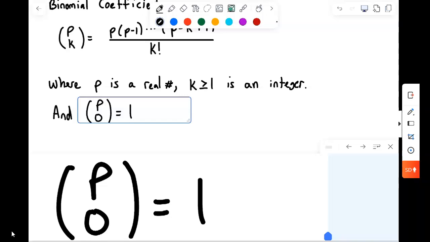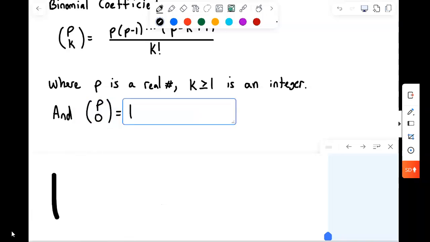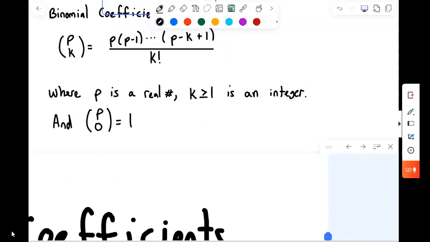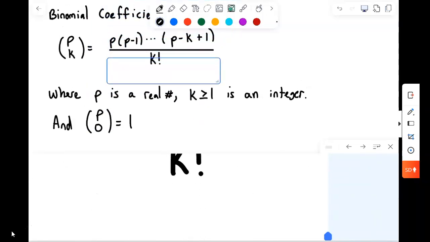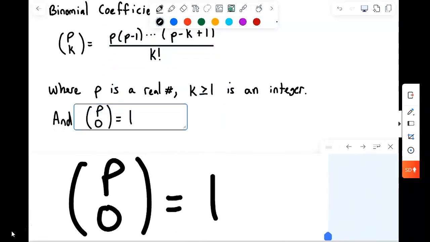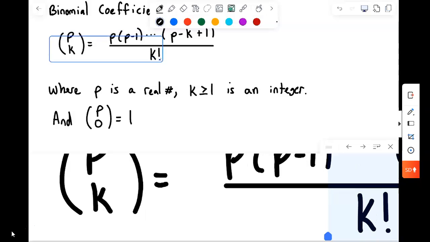Binomial coefficients selected 0 times is 1, since it doesn't quite fit with this formula. This is called the binomial coefficient.